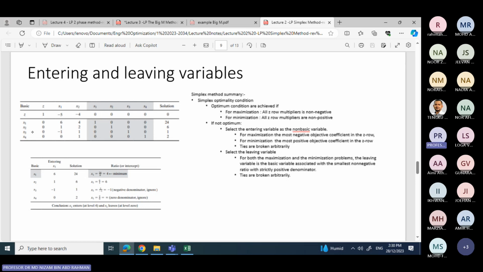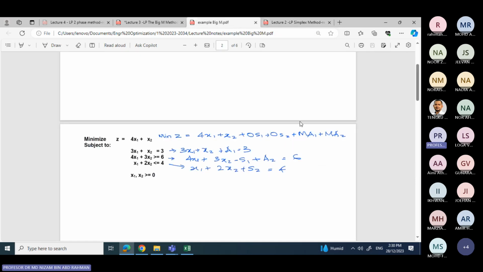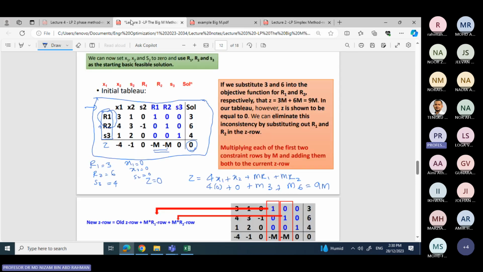Then if you substitute all these values into the objective function, you should be able to get a 0. Right? But it's not the case when you use this big M. When you use a big M to solve a problem which has artificial variables, that's not the case.